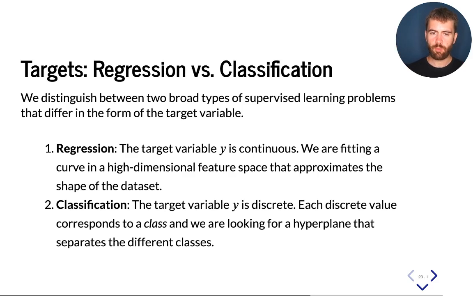Now, a different kind of problem that we're going to see a lot in this course is a classification problem, which means that Y is discrete. And now the value that each Y takes can be thought of as some kind of class. Our goal here is to predict different classes and to separate them.